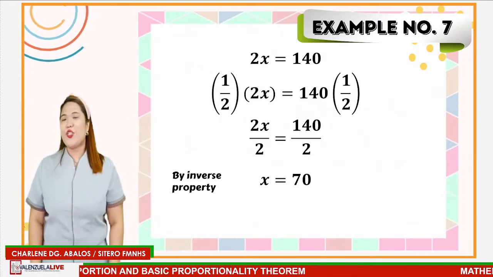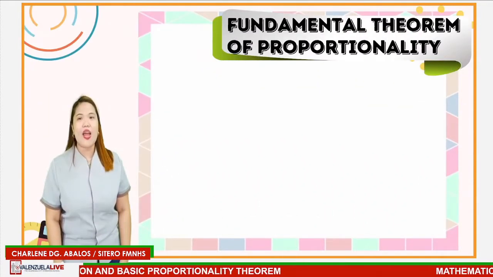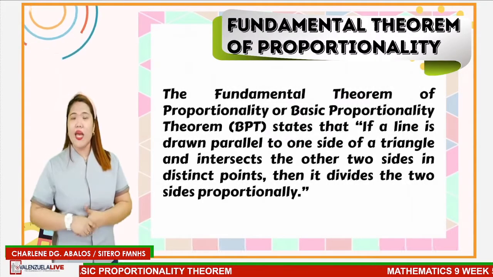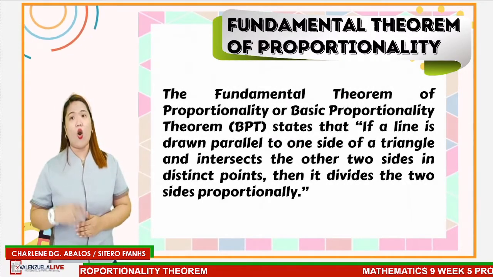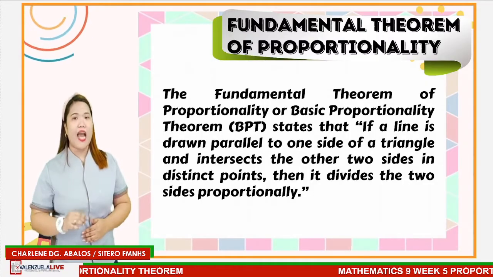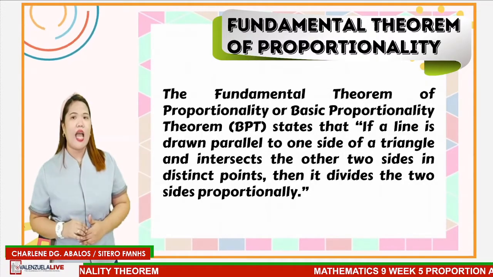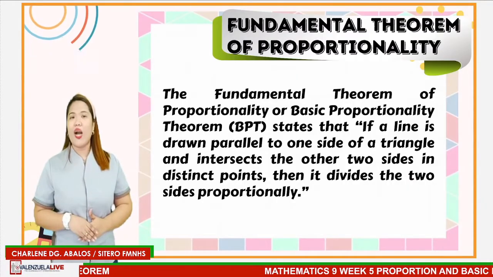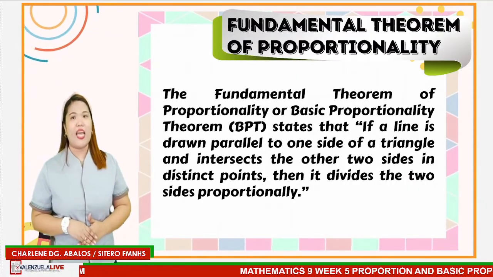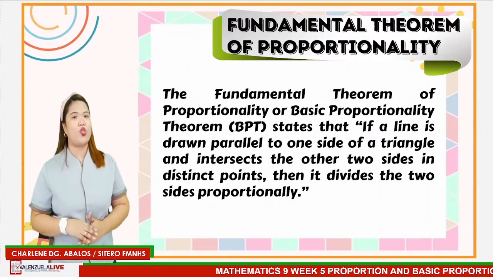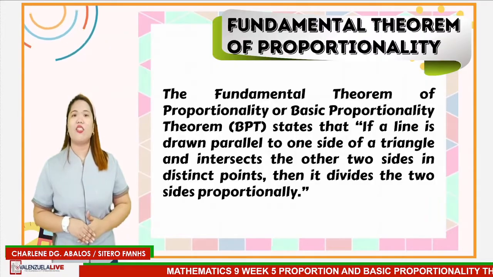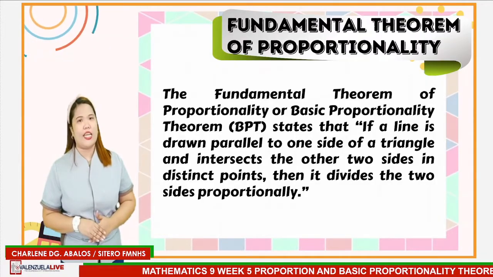Alright? Let's proceed to the fundamental theorem of proportionality. The fundamental theorem of proportionality, or basic proportionality theorem, states that if a line is drawn parallel to one side of a triangle and intersects the other two sides in distinct points, then it divides the two sides proportionally.